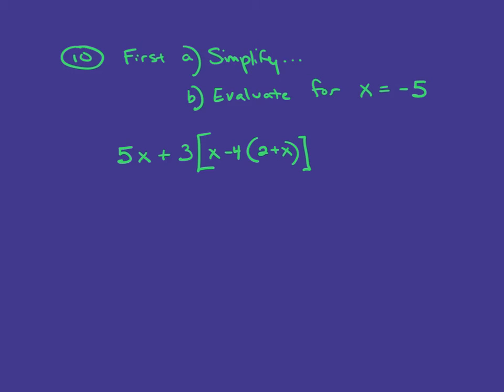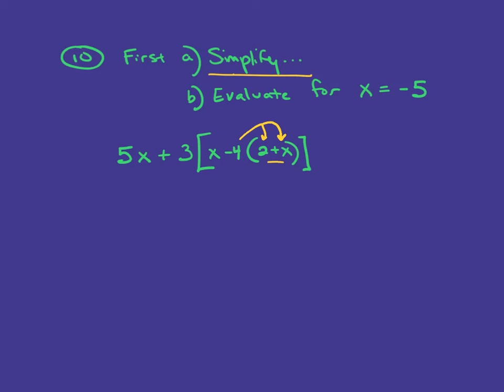So first off, we're going to simplify. And one thing that we'll start with is the innermost parentheses, 2 plus x. Nothing we can do there, but on the outside, we've got this negative 4 that we can distribute, so we'll start there. This is actually going to take a few different steps.